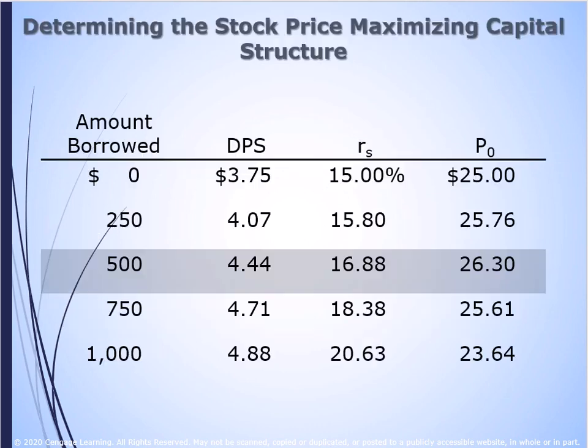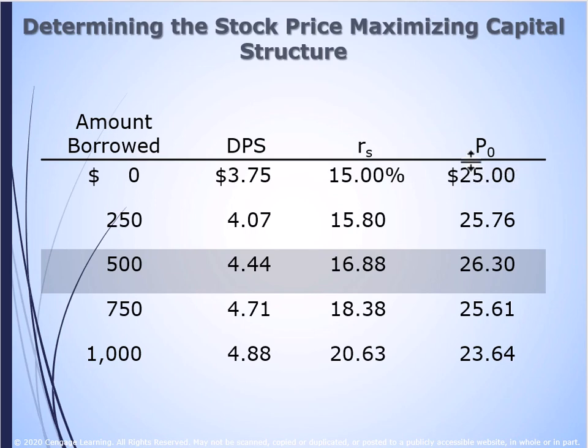So how do we go about doing that? Here's the amount of borrowing that we've done. Here are the dividends per share at those different levels. Here is the cost of equity. If you take the dividend divided by the cost of equity, at 0 debt, you end up with $25.